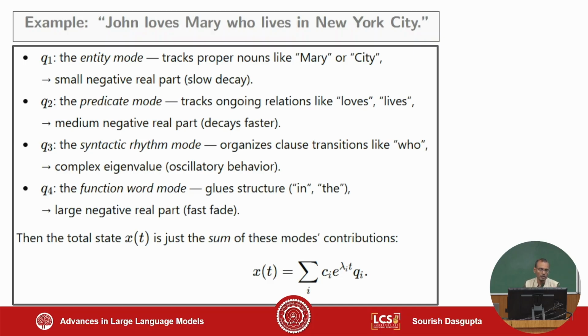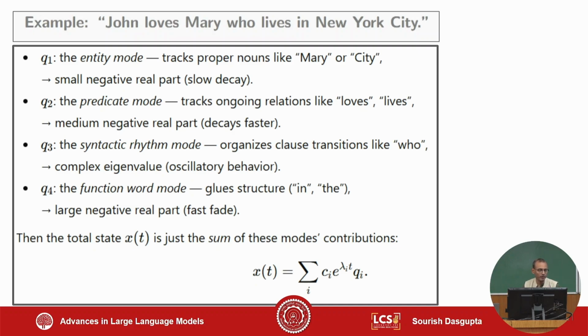Q2, let's say predicate mode, which is the predicate aspect, so loves, lives, and so on. So medium decay. And Q3, let's say the syntactic rhythm, like who and all these clausal cues. Because you can have this coming back, who, which, while, it can keep going on, and you can stretch that sentence like this, right? So it can come back over time.